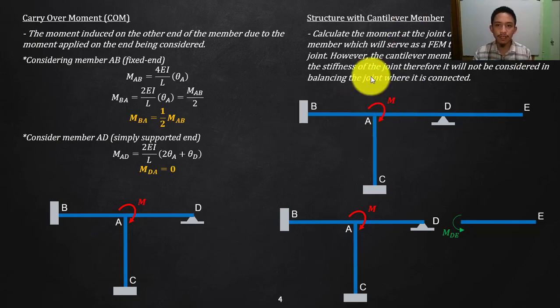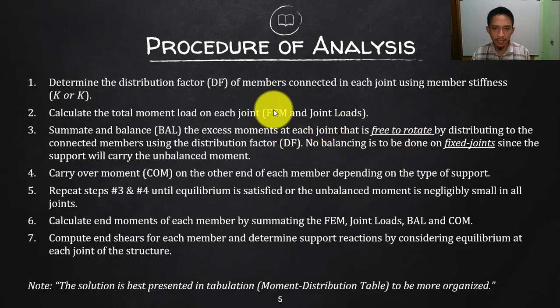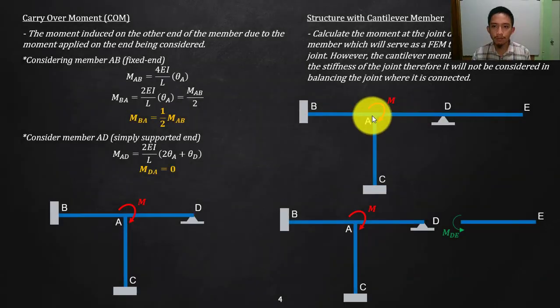If you have loads on the member, what you are going to do is transfer them onto the joints, since we are trying to balance the moments on the joints. So the loads will be transferred onto the joints by means of your FEM. And of course, if you have a moment on the joint, that will be a part of it.